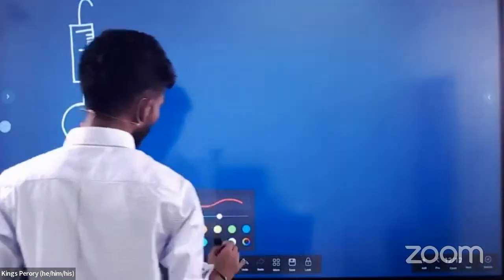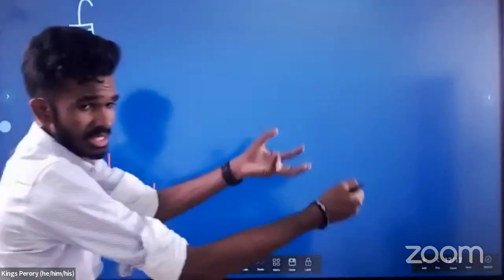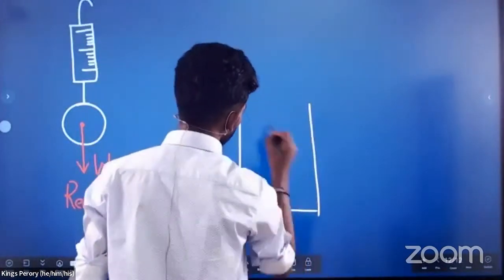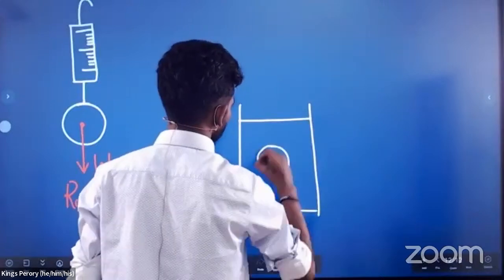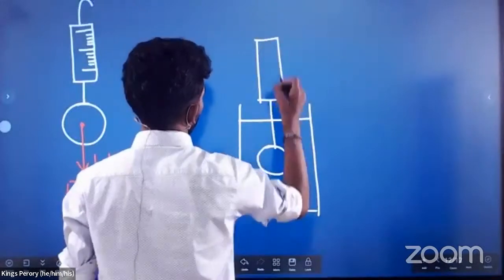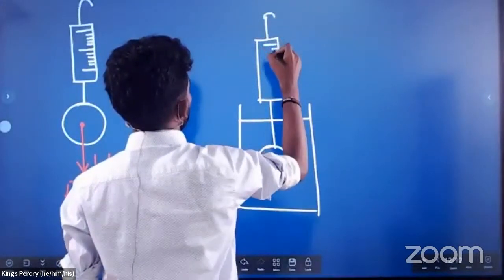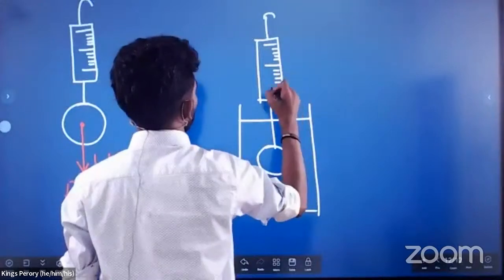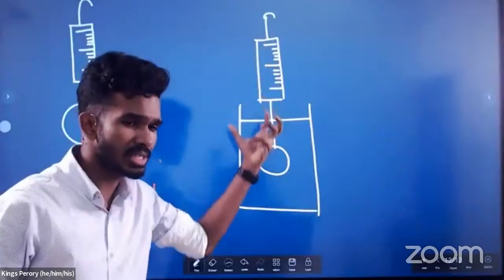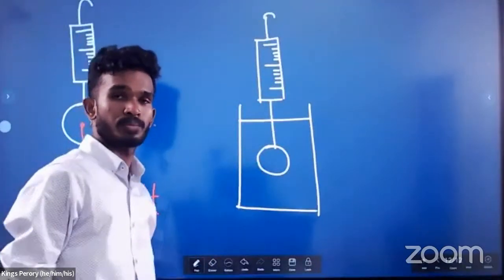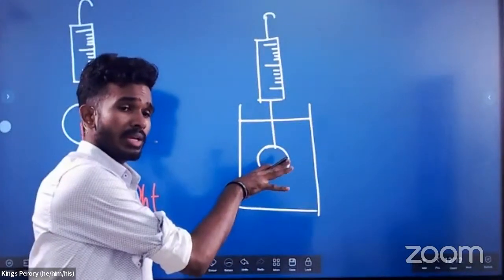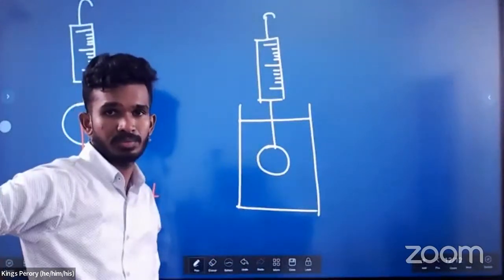Now what I'm going to do is immerse this setup inside a fluid. When I immerse it inside a fluid, the weight won't be the same as the previous one.